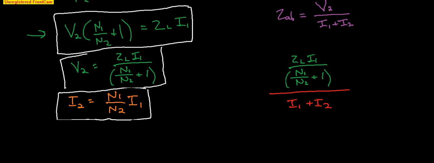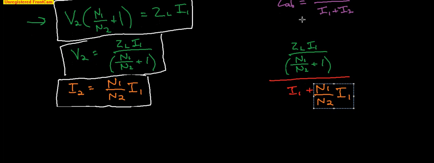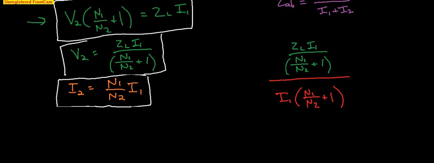But we know that I2 is just this expression. So if we separate out the I1, this will become I1 times N1 over N2 plus 1. Now we're almost there, but let's drop the denominator of the numerator down to the bottom.